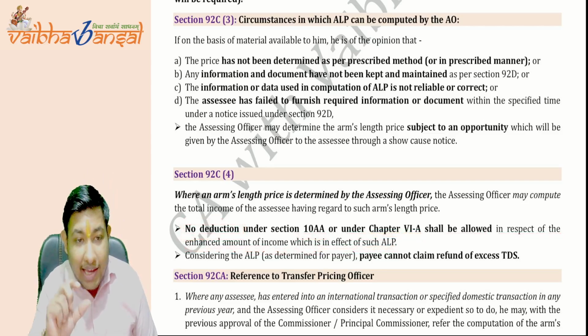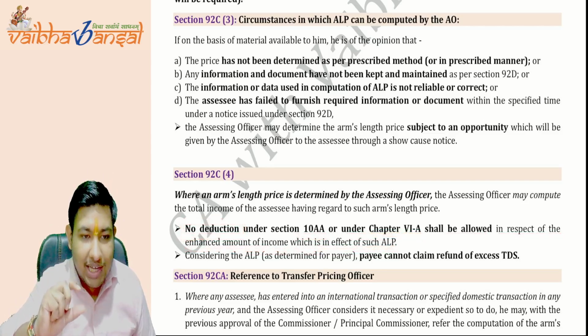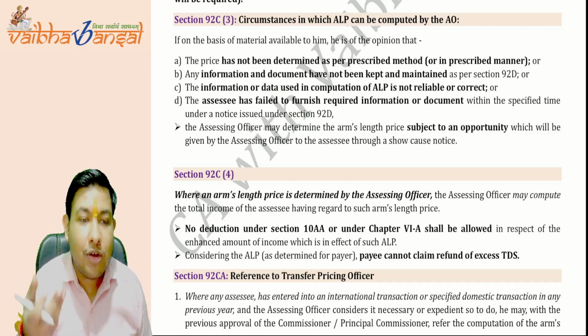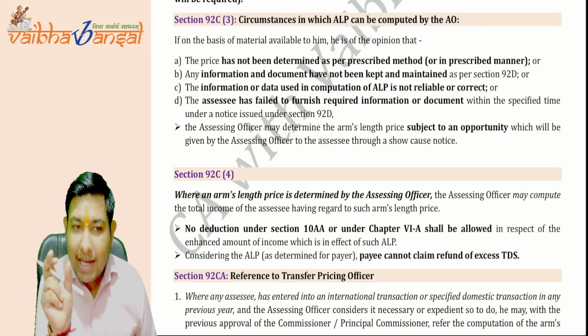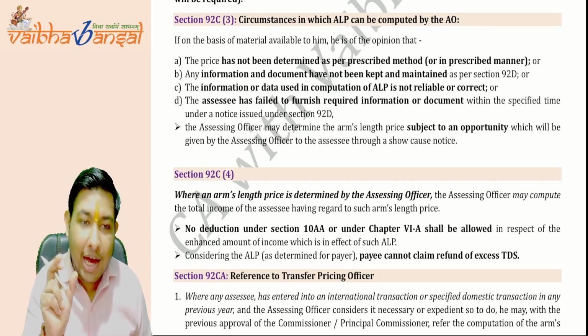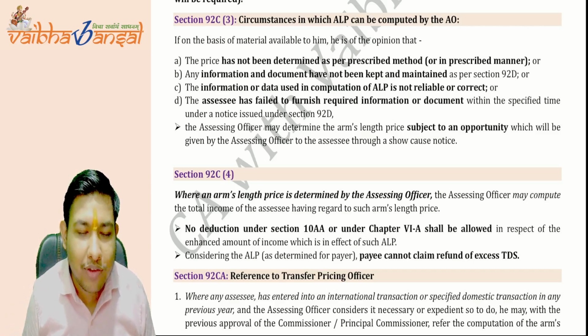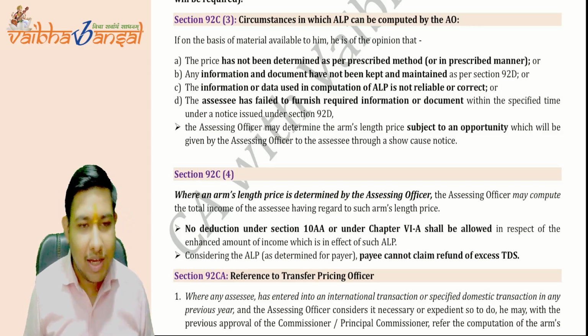Whatever the income is enhanced by the recomputation of the ALP, from that enhanced income the AO will not give the deductions of Chapter 6A and section 10AA. Is this point clear?